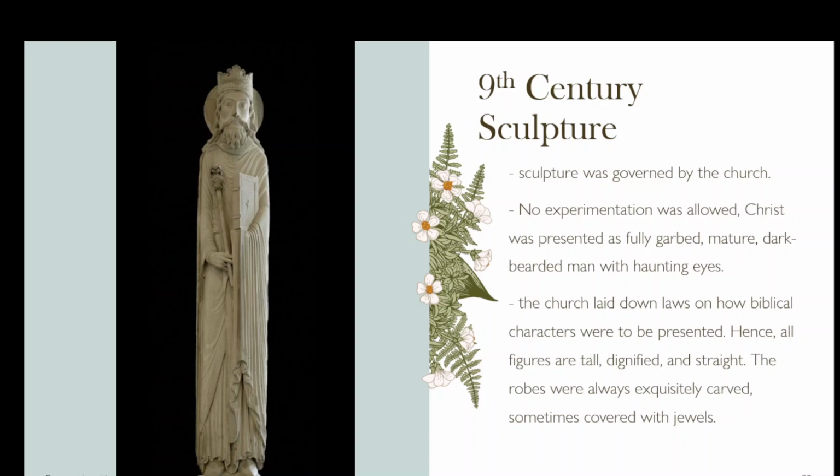So kahit sa art, walang freedom of artistic expression kasi nga kontrolado ito ng church, kahit kung paano ipoportray ng mga artist si Christ. Merong law or regulations yung simbahan dito. Hence, all figures of Christ or Jesus are tall, dignified, and straight. The robes were always exquisitely carved, sometimes covered with jewels.